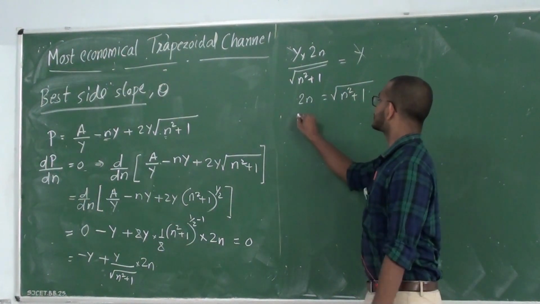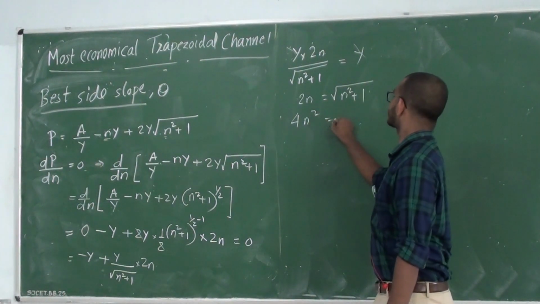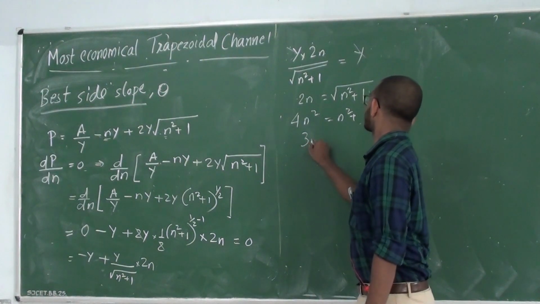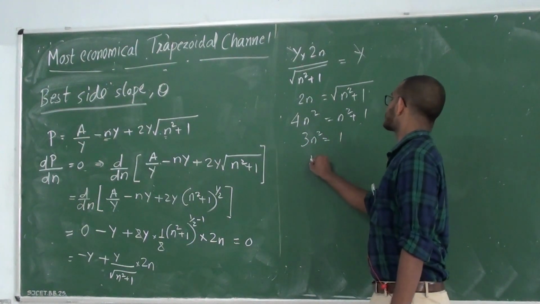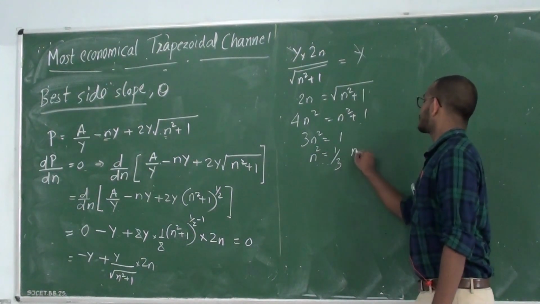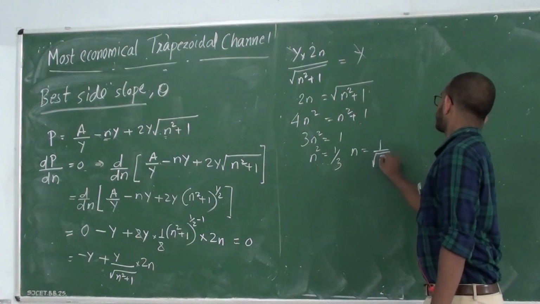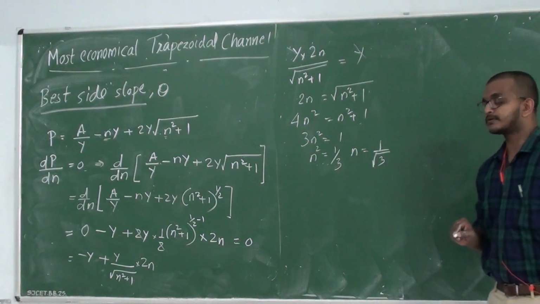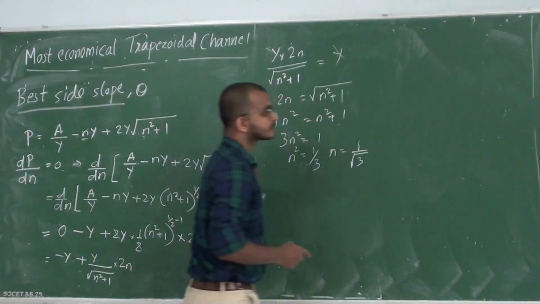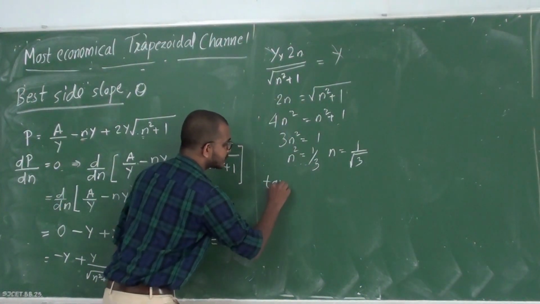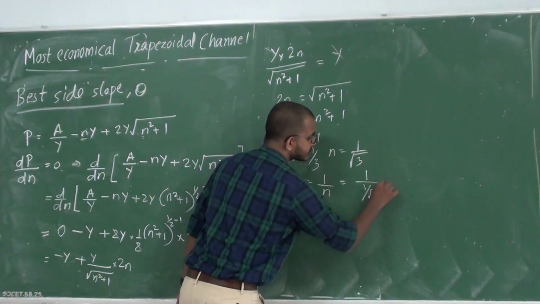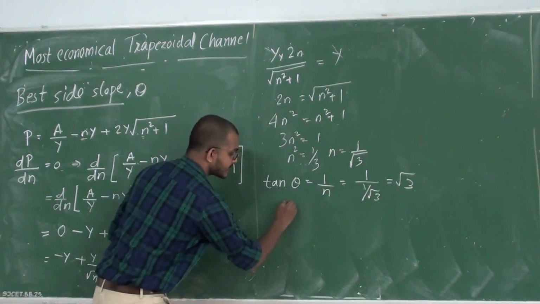On squaring, 4n square equals n square plus 1, or 3n square is equal to 1, so n square is 1 by 3, and n is 1 by root 3. So what is tan theta? The side slope tan theta is equal to 1 by n, that is 1 by 1 by root 3, which is root 3. So tan theta is equal to root 3.